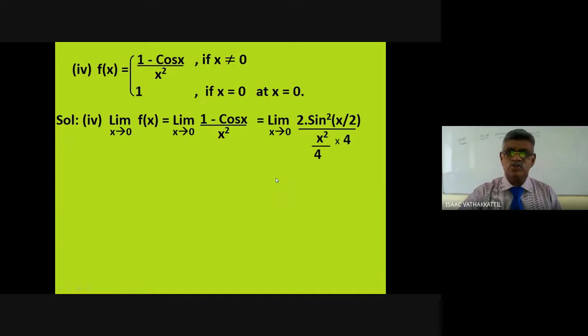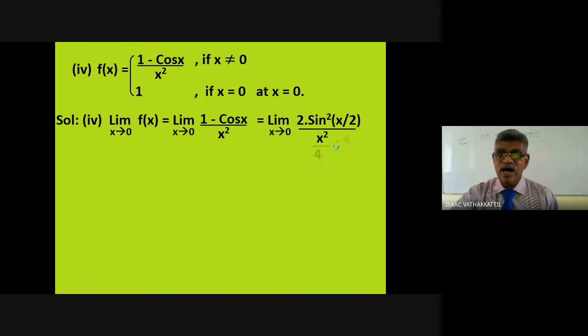Sin squared x by 2: I need x by 2 squared in the denominator, because the limit as theta tends to 0 of sin theta by theta is 1, and the limit of sin squared theta by theta squared is also 1. So for sin squared x by 2, I need in the denominator x by 2 squared. X by 2 squared means x squared by 4.